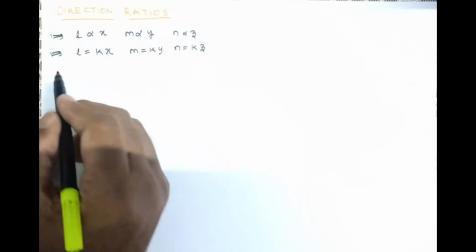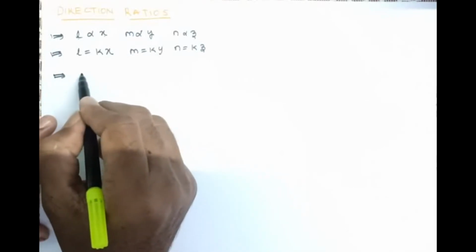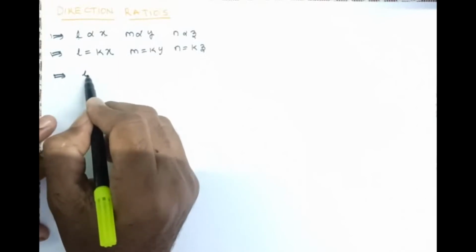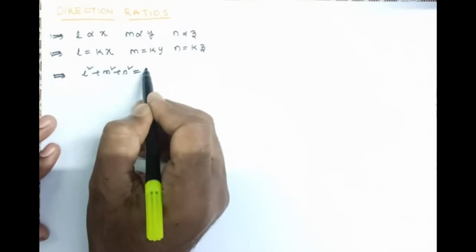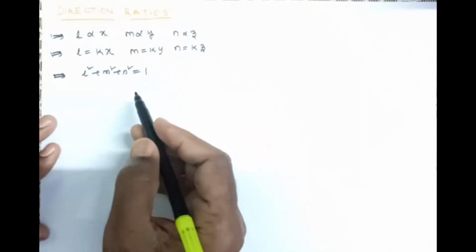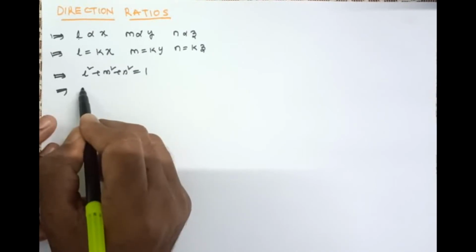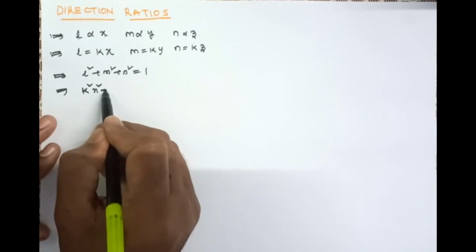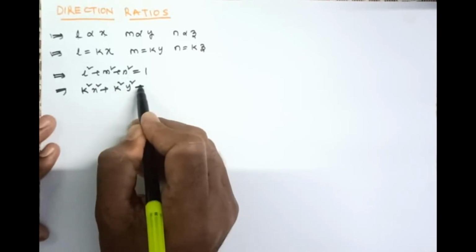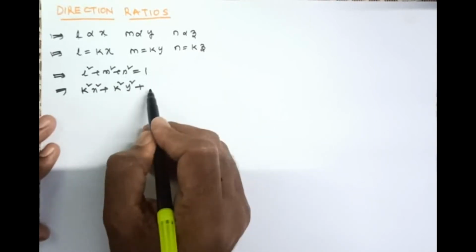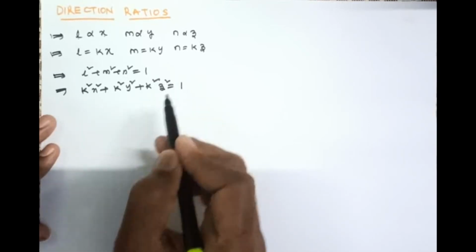Okay, so what we can observe here, we have the identity L square plus M square plus N square is equal to 1. So L square is k square x square, M square is k square y square, and N square is k square z square, and the sum is equal to 1.